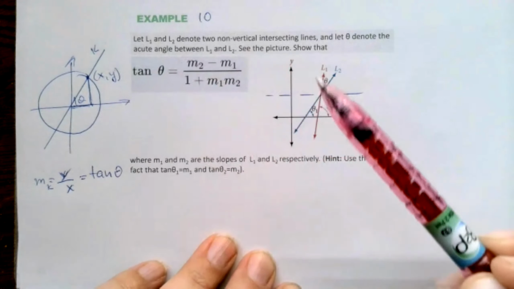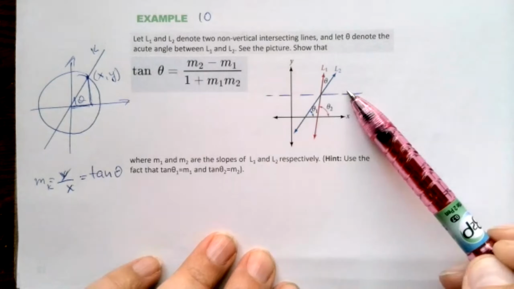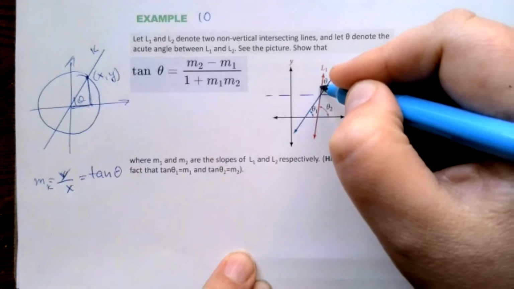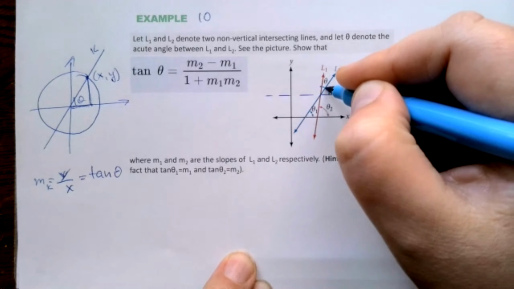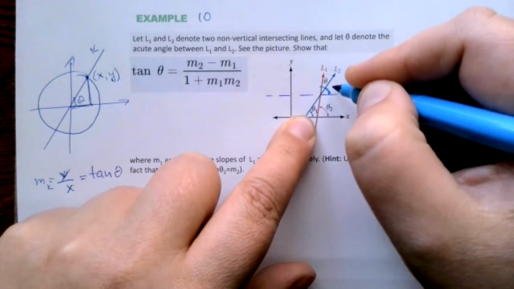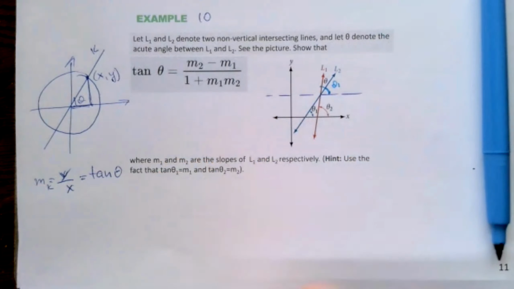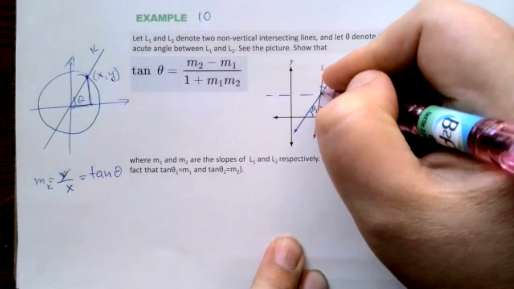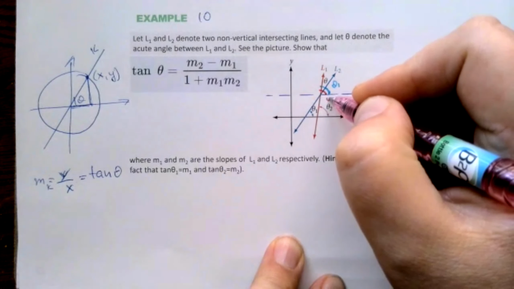Also, since these lines are parallel, this angle right here is the same as angle theta 1. Now, this angle that I marked at the beginning is our theta 2.